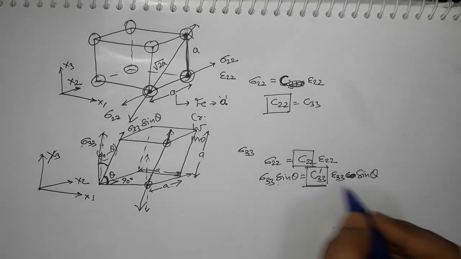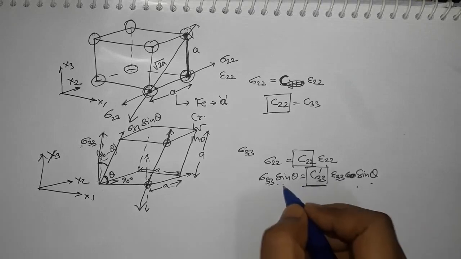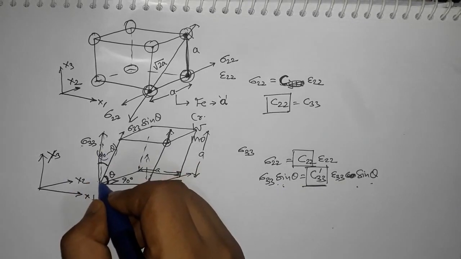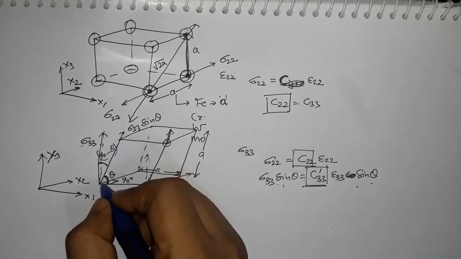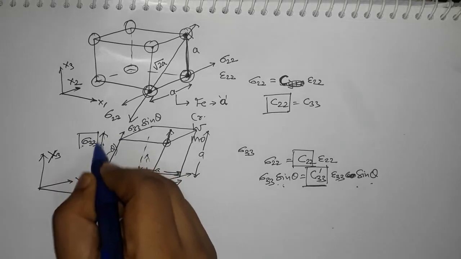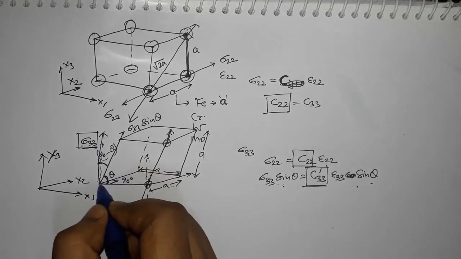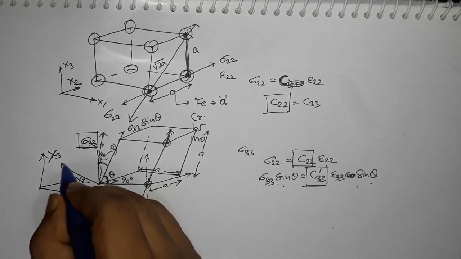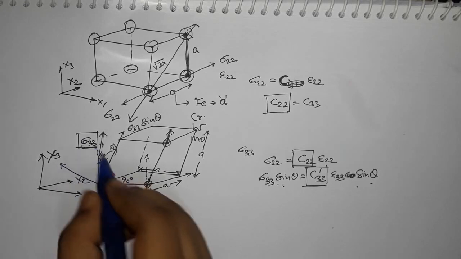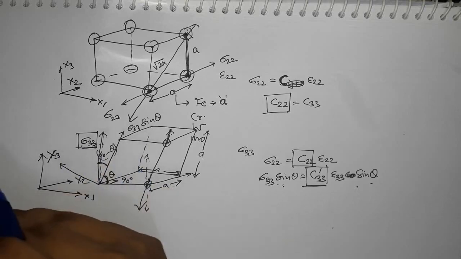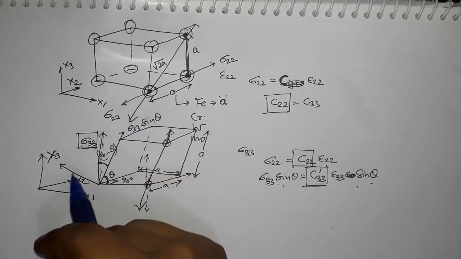Why? Because it will cancel out here, but you also have a shear component. So this is the normal component, and then you will have a shear component. You will have a component of sigma 33 acting perpendicular to this plane, and that will be sigma 33 cos theta. So sigma 33 cos theta will be perpendicular to the axis of atoms.